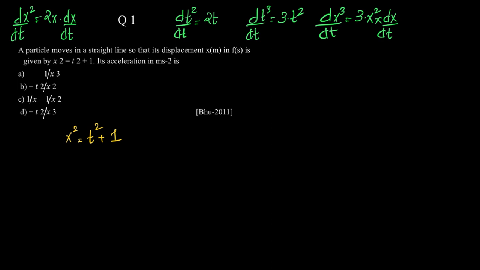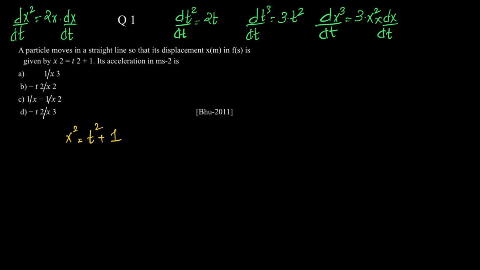Simple. Let's go through that again. d by dt of t square is 2t. At the same time, d by dt of x square is 2x into dx by dt. d by dt of t cube is 3t square, but d by dt of x cube is 3x square into dx by dt.